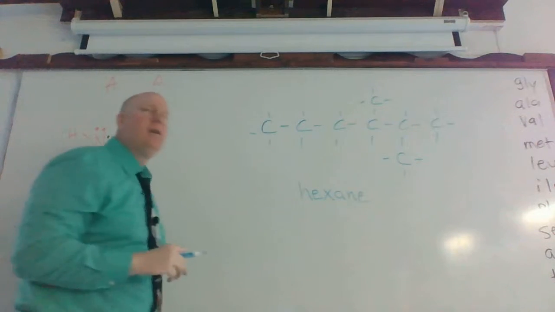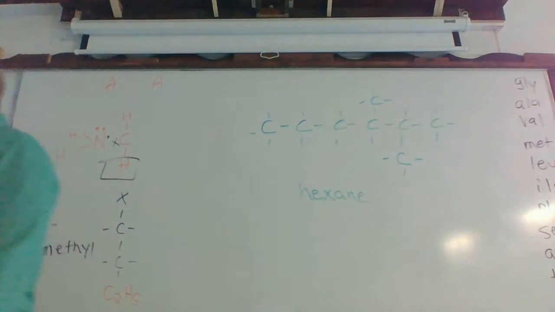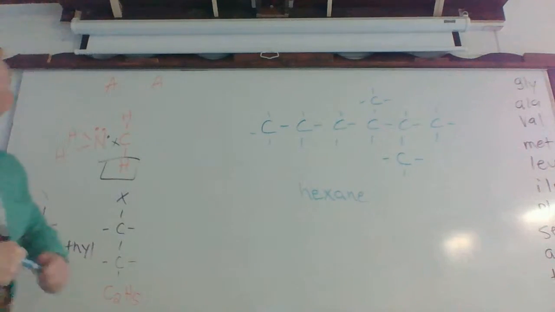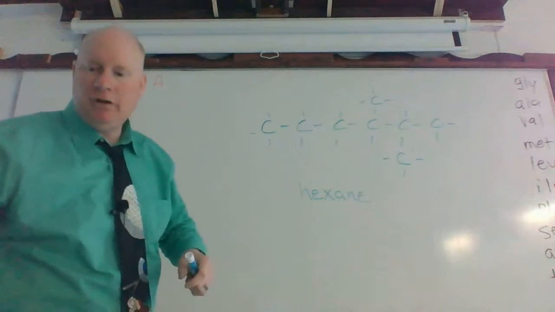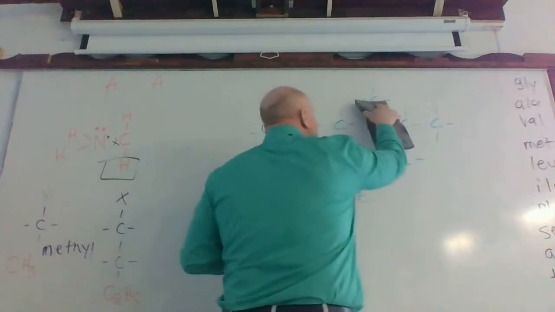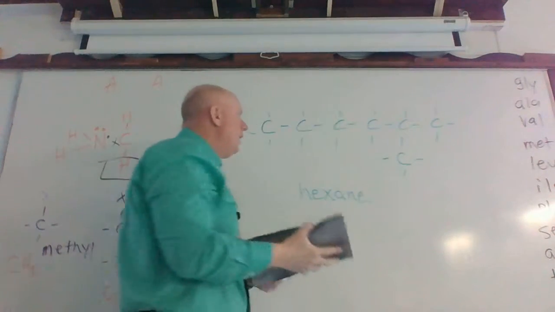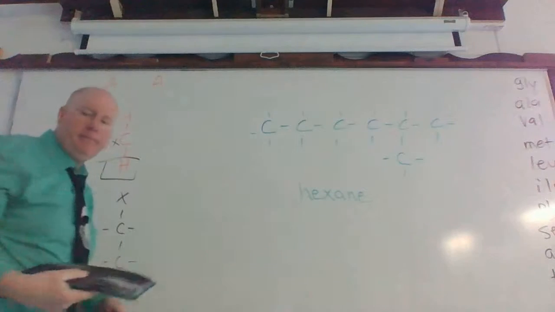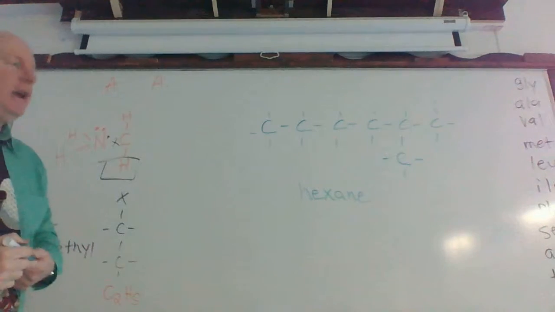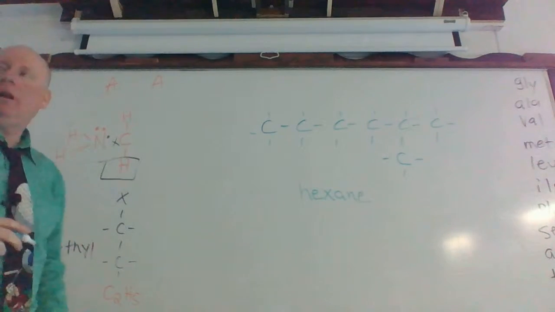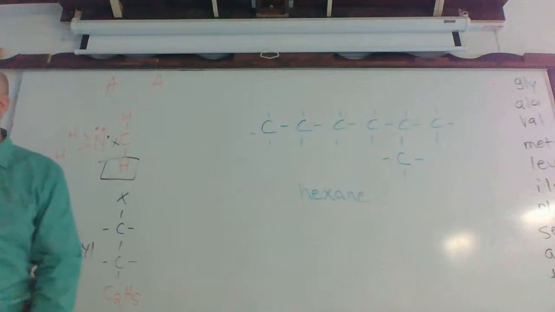Okay, is there anything branching off of that hexane? Yes. Okay, so what is branching off of that? Well, we should probably make it a little simpler and just do this. Okay, what is branching off of that hexane? Okay, a methyl group, and it's located on which carbon?